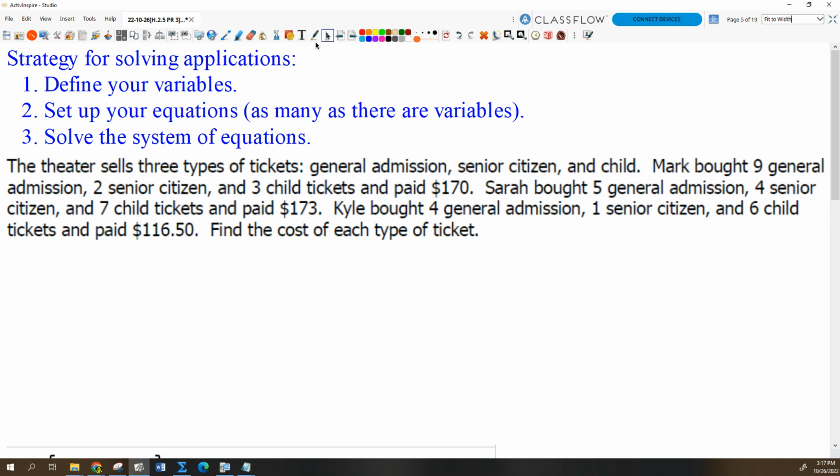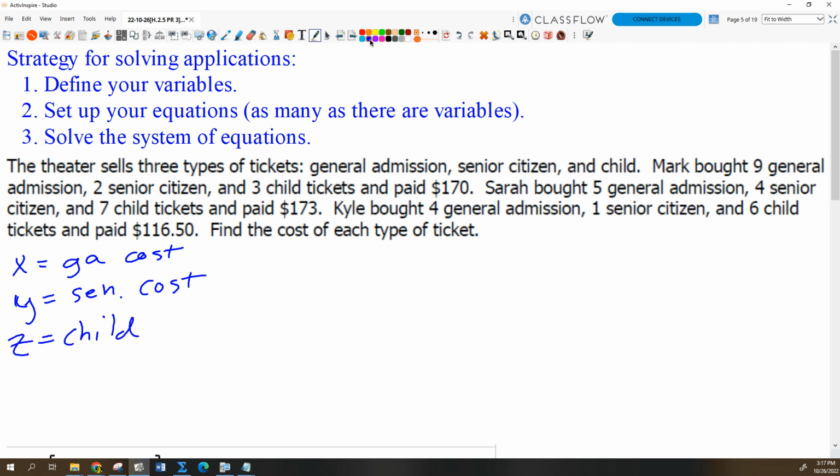Right? So the variables are going to be x equals general admission cost, I'll just call it GA cost. y equals senior cost. z equals child cost. So there's our variables, right?